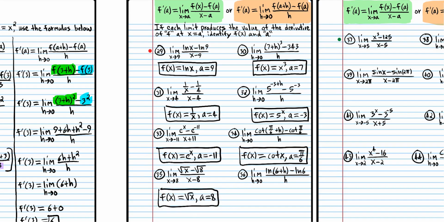Now we have h's, and h is approaching 0, so it's probably going to be the orange formula. And it's harder to see what f of x is, but we can see the natural log. So it's a good bet that this is going to be the natural log function. And we're finding the derivative when x is equal to 6, because we have the 6 there.